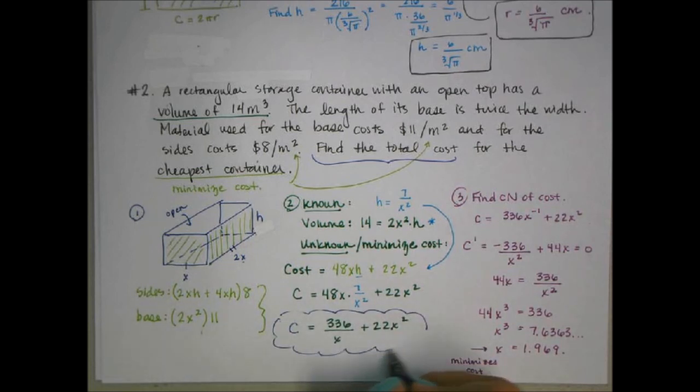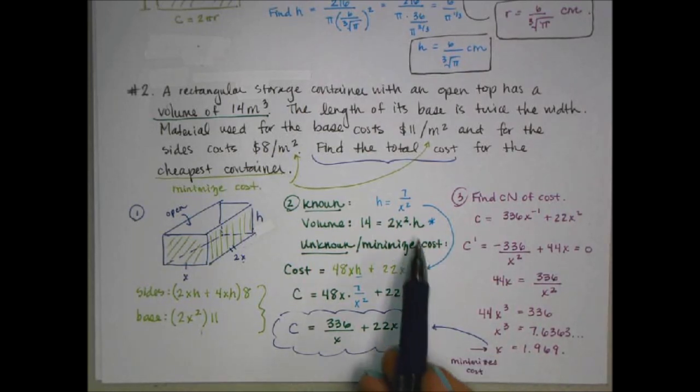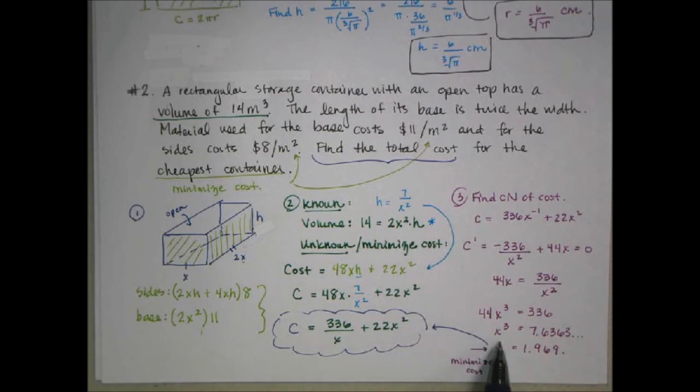So what I'm going to do is take this x value, plug it in here. Notice I don't need to go back and find h as well. I just need x. So I'll plug this value in here and get my cost. So this comes out to 255.94. And there's the cost of the container.